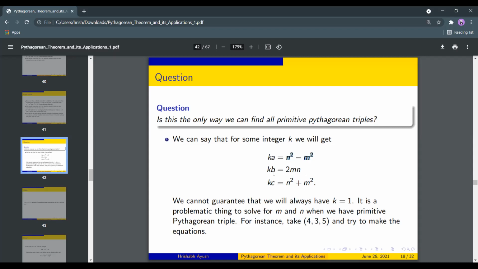You'll have 3k equals n square minus m square, 4k equals 2mn, 5k equals n square plus m square. And now you try to find all the values of m and n. It will be time-taking, and you need to maximize your accuracy and efficiency. My point is that it will take a lot of time for other triplets.